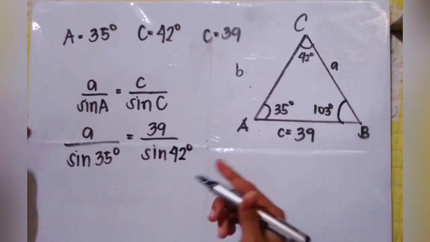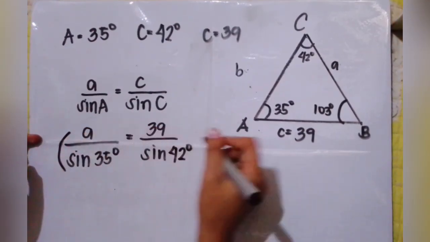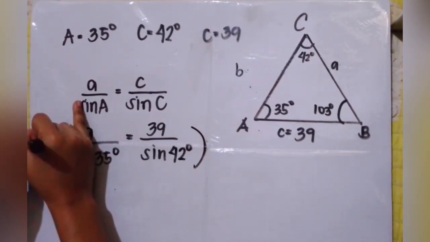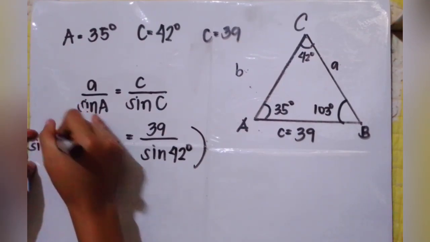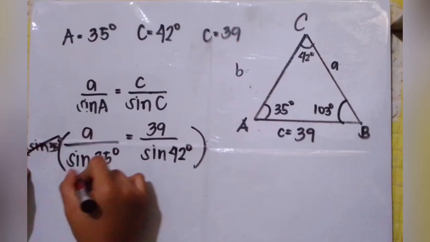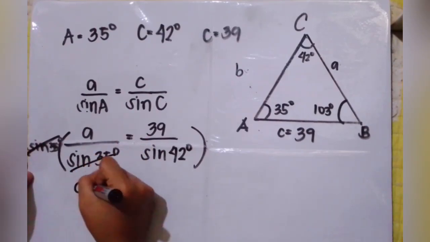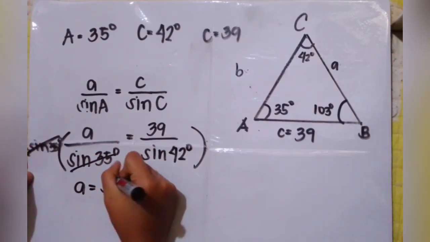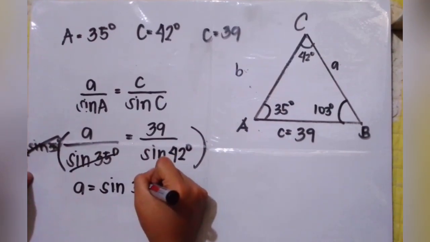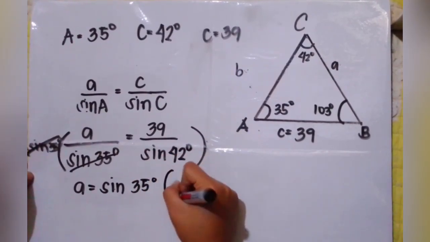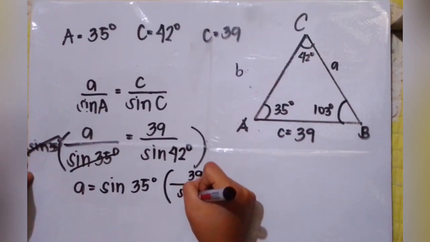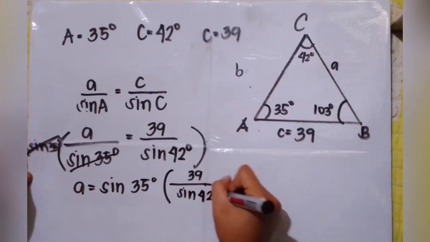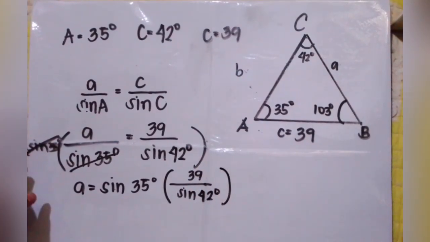Next, we multiply both sides by sine 35 degrees. Then cancel. Side A is equal to sine 35 degrees times 39 over sine 42 degrees.